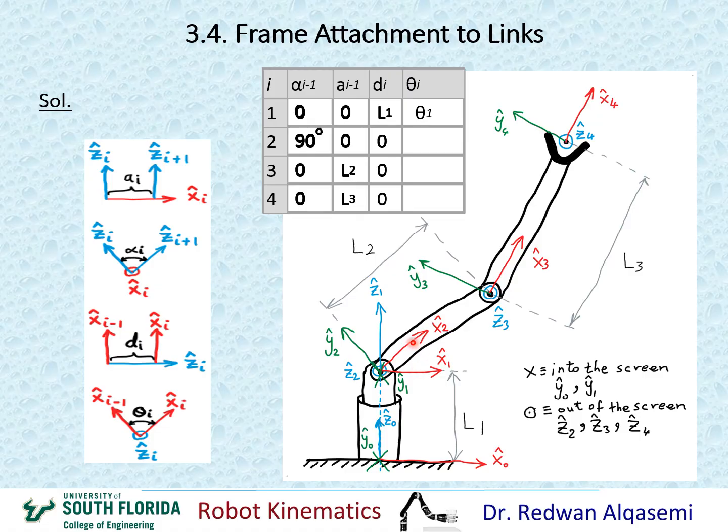But again, this angle is not a constant angle. As soon as I start moving joint 2, this whole link will move, and it's going to move x2 along with it, because frame 2 is attached to link 2. Once this moves, x2 is going to move along, and the angle between x1 and x2 is going to change. So this is a variable, and it is theta 2 for this joint. I'm going to place it right here.